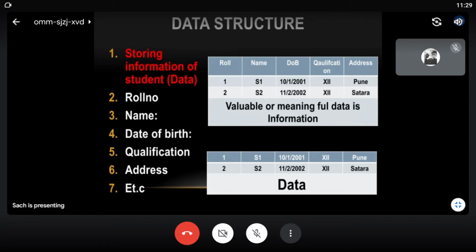Now read the last line. When we have valuable or meaningful data, it is termed information. You can see the definition of information: it is meaningful data. So when we ask what S2 is, you can refer to the column name. S2 is the name of the student. Now what is this 11 to 2002? We can refer to the column: it is the date of birth of the student.